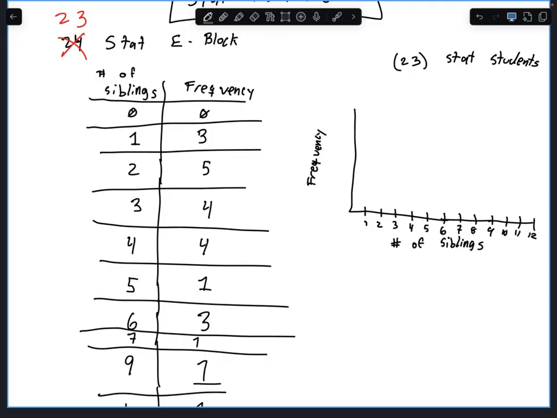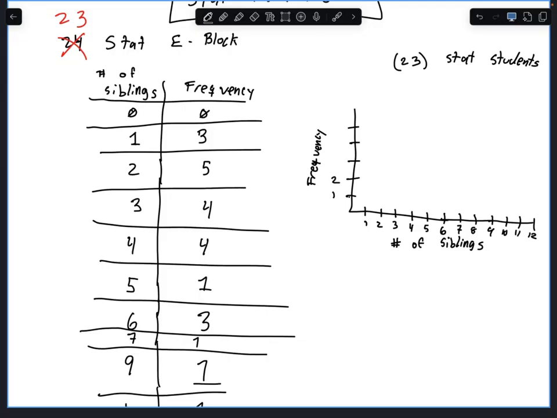I heard somebody say 5. Why 5? Because that was the highest frequency. 5 was the highest frequency we had for any one of our quantitative responses. Now, I can go more than 5, but 5 is what I have to go to. So 1, 2, 3, 4, and 5.